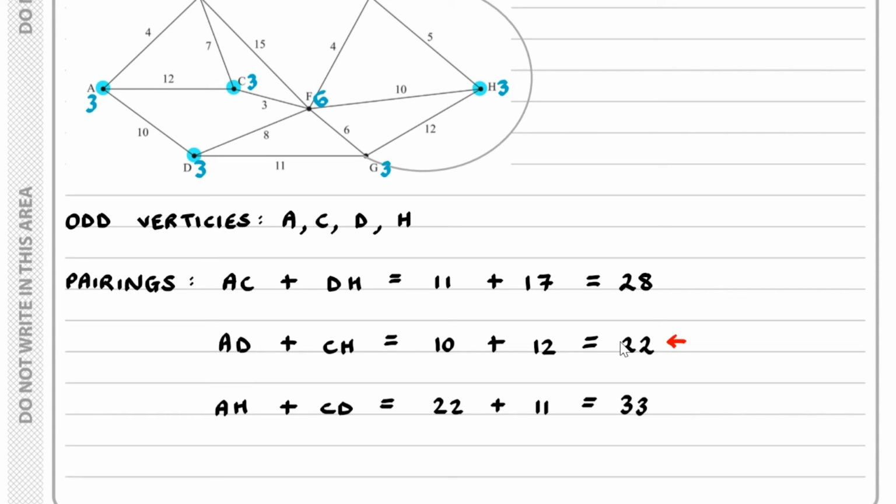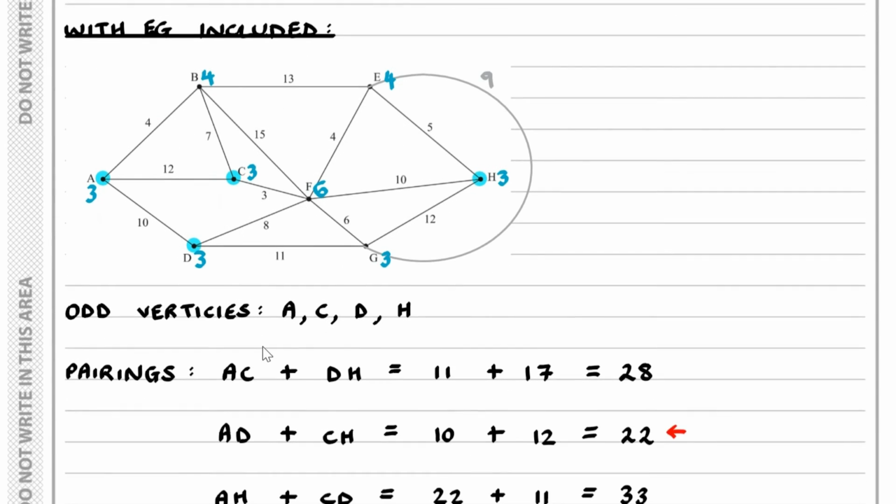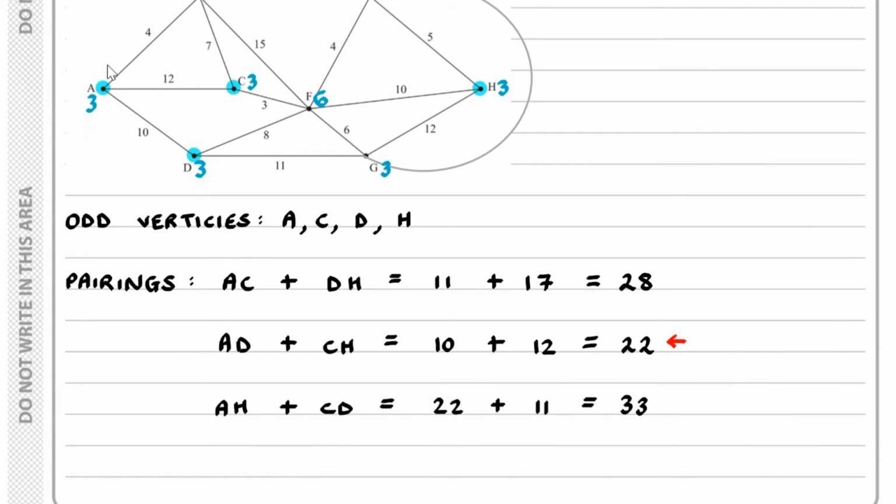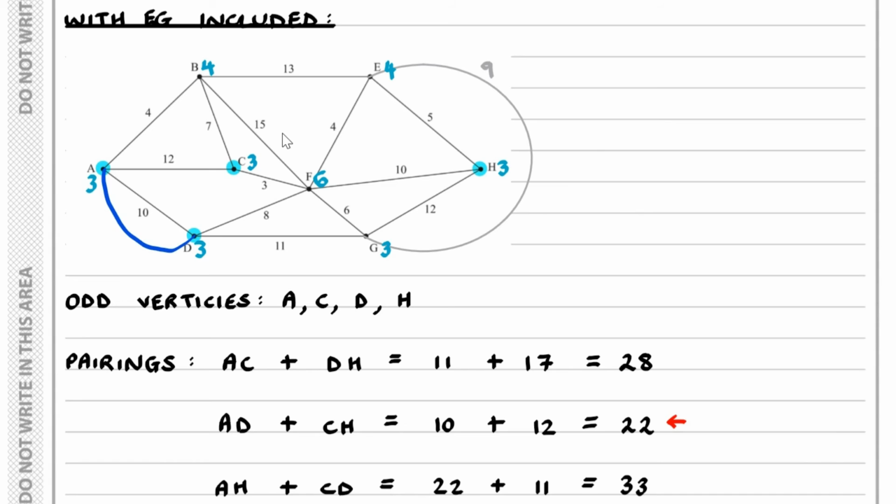So, because 22 is the smallest, we've got AD, which is being repeated, and then we've got CH. The way we can go from C to H, we said that was CF, then FE, and then EH.